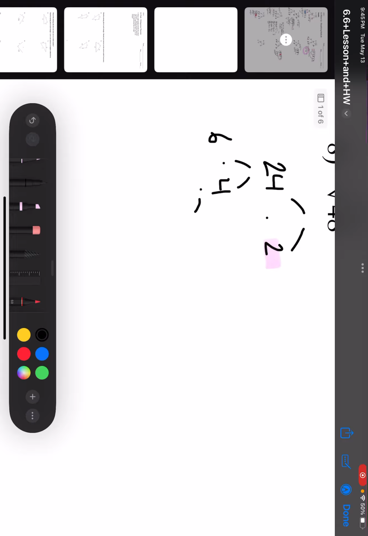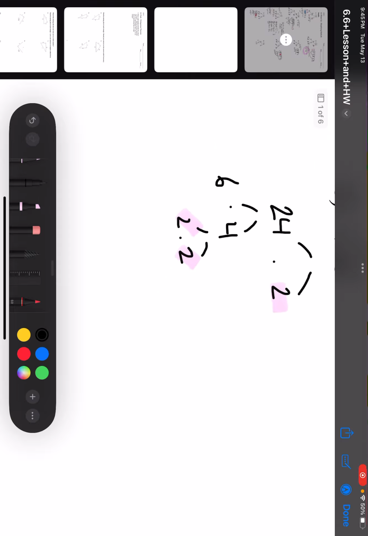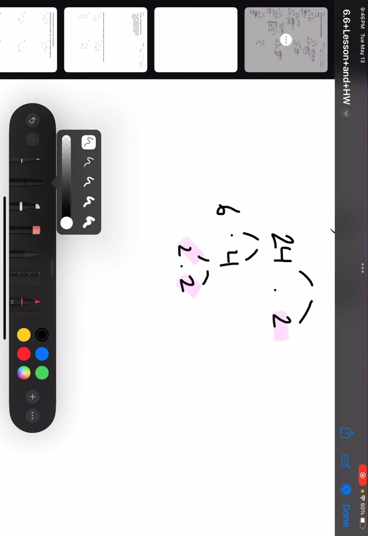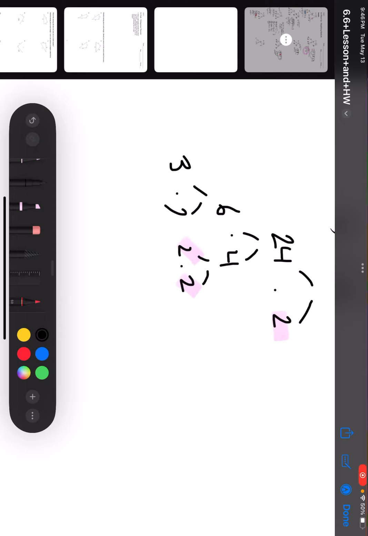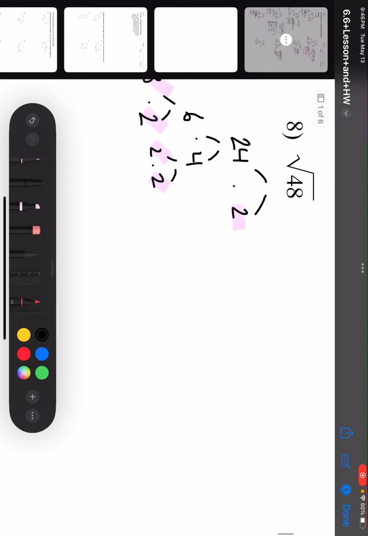And then let's do the 4 first. I know we can simplify that into 2 and 2, our factor numbers, because 2 times 2 is equal to 4. And then we have our 6. We can do 3 times 2. And then boom, those are also factor numbers.